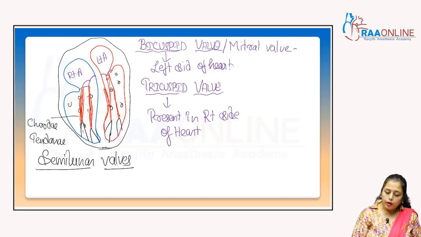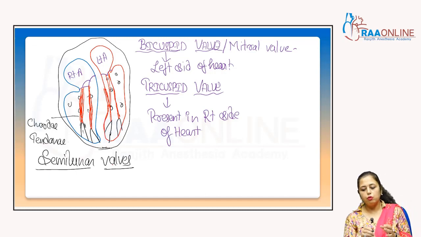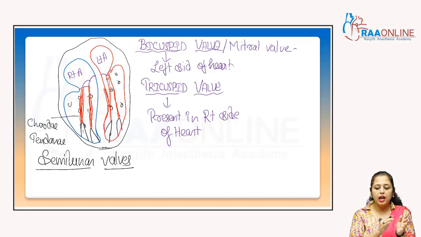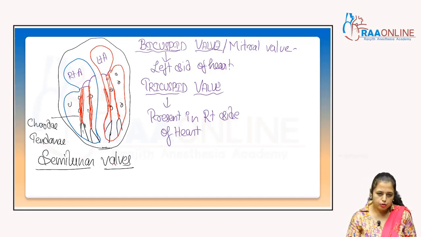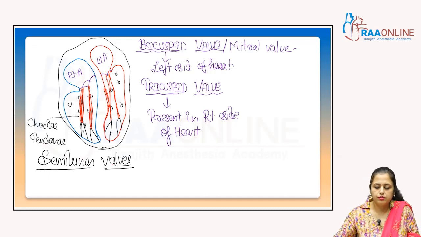So what is the function of these semilunar valves? These valves allow the free and forward flow of the blood, and they prevent any backward flow. Clear? If a semilunar valve gets injured, then a hissing noise appears. So this is all about the valves.